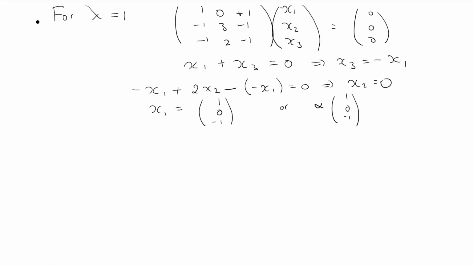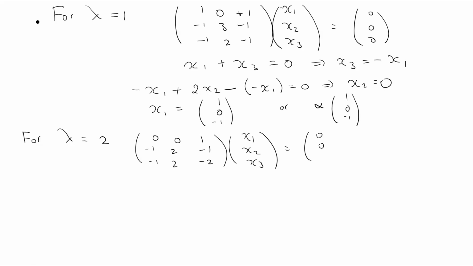If lambda equals 2, then we put lambda equals 2 into that expression and we get 0, 0, 1, negative 1, 2, negative 1, negative 1, 2, negative 2. And from the first line, we get that 0 times x1 plus 0 times x2 plus x3 equals 0.